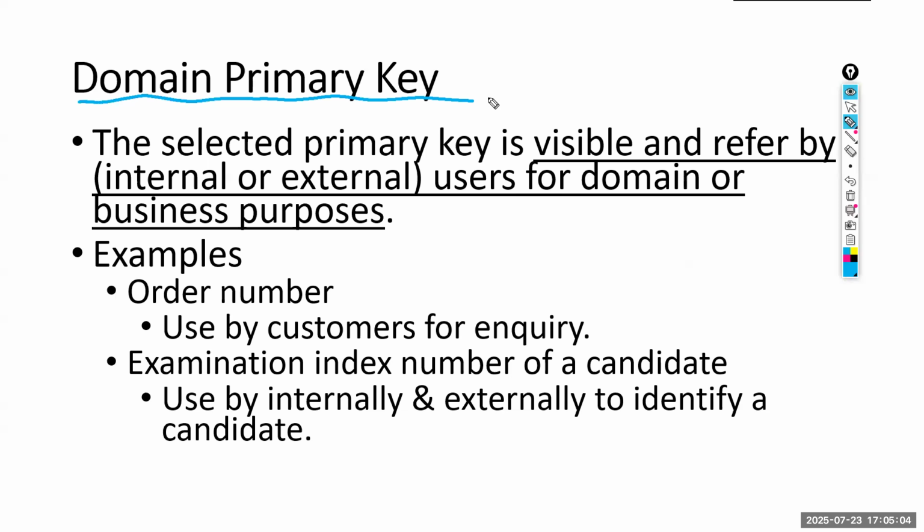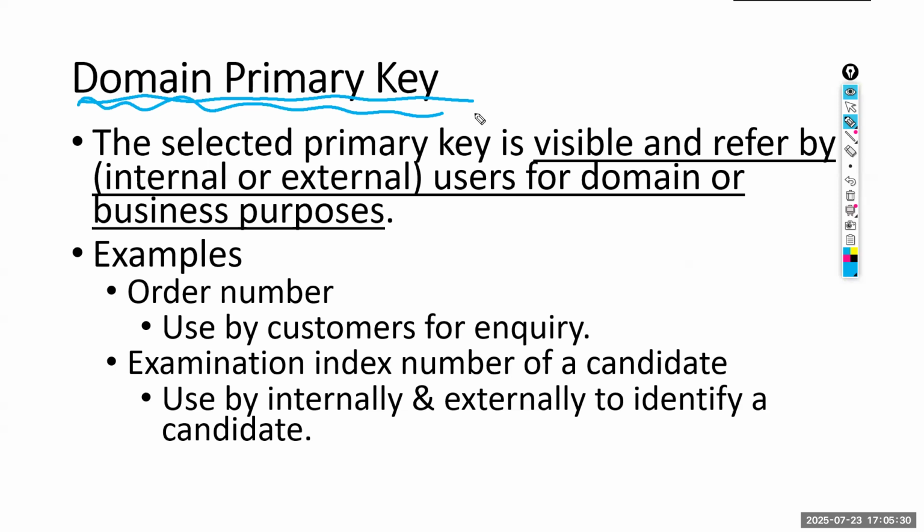So account number is something I must remember. If you are doing a transfer, you must also remember it, keep it as a note. That is used in our day-to-day activities. And of course, my account number is the primary key for the account table in the bank. So therefore, account number is a domain primary key because we use it in our day-to-day activities.